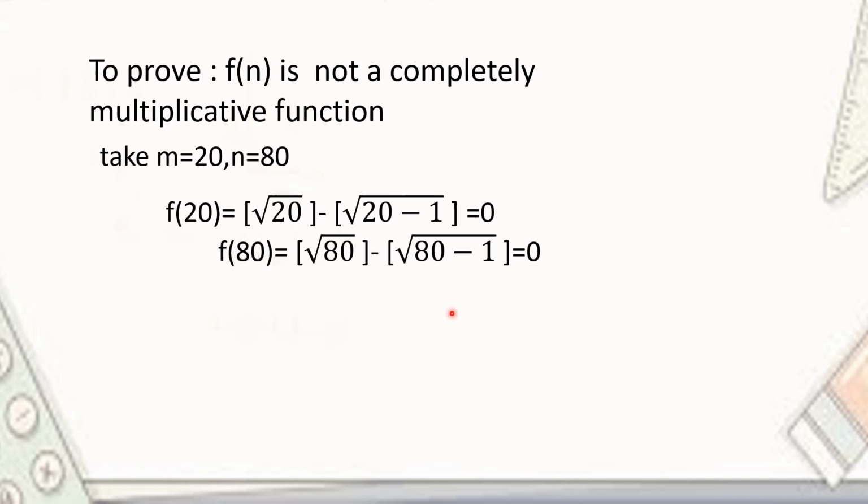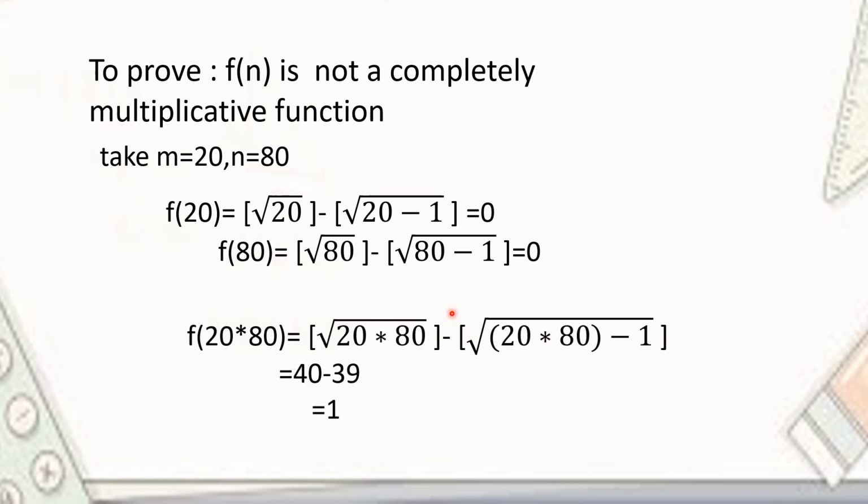So we'll see the case of f of m into f of n. What happens? f of 20 into 80 is equal to the integer part of root of 20 into 80, which is 40, minus the integer part of root of 20 into 80 minus 1, which is 39. We are going to get 1.